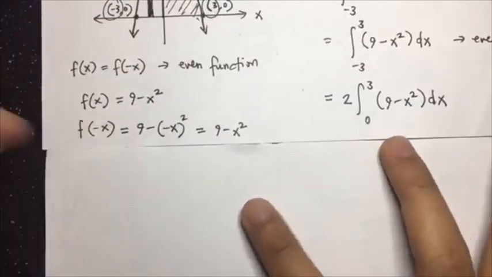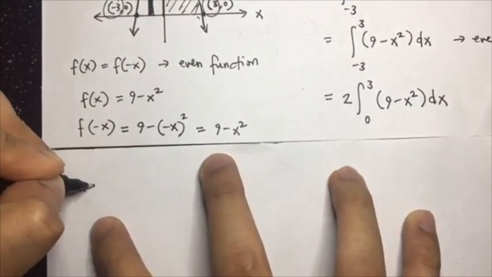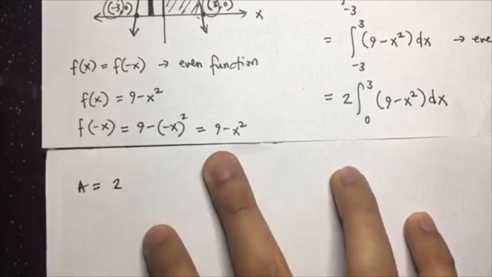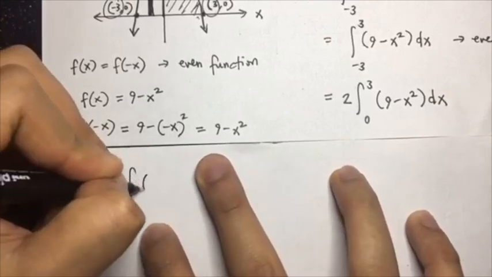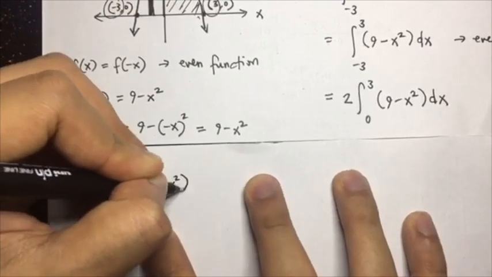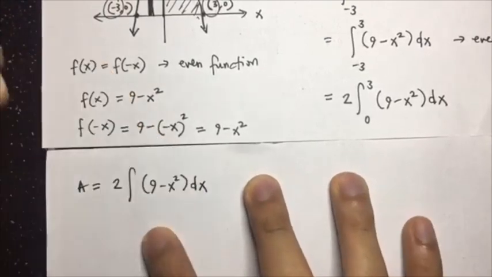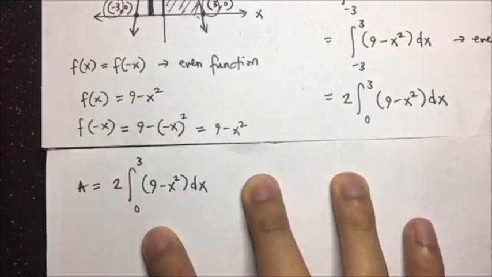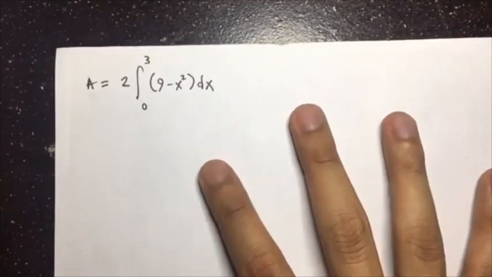Performing the integration, we have A is equal to 2 times the integral of 9 minus x squared dx from 0 to 3. Let's integrate that.